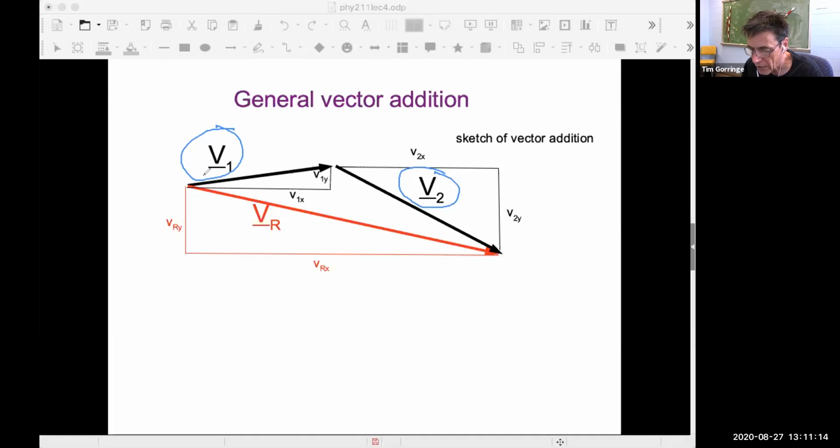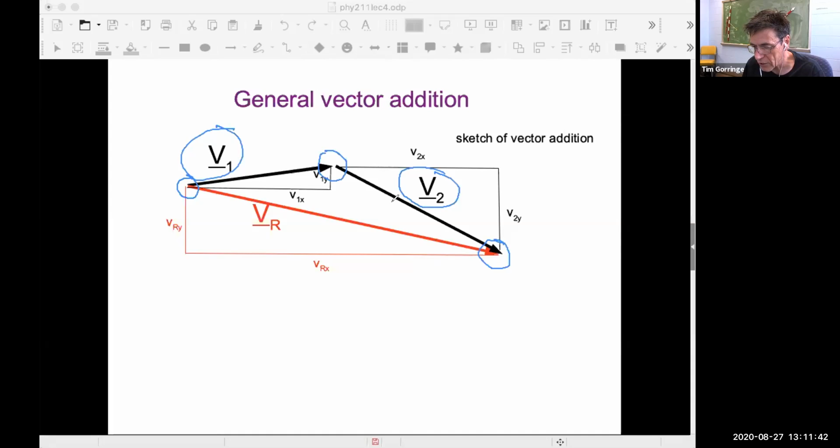I'm using the same rule for drawing their vector addition. I draw the first vector, V1. I draw the second vector, V2. I put the toes of the second vector on the head of the first vector, and then the resulting vector, VR, runs from the tail of the first vector over here on the top left to the tip of the second vector over here on the bottom right.